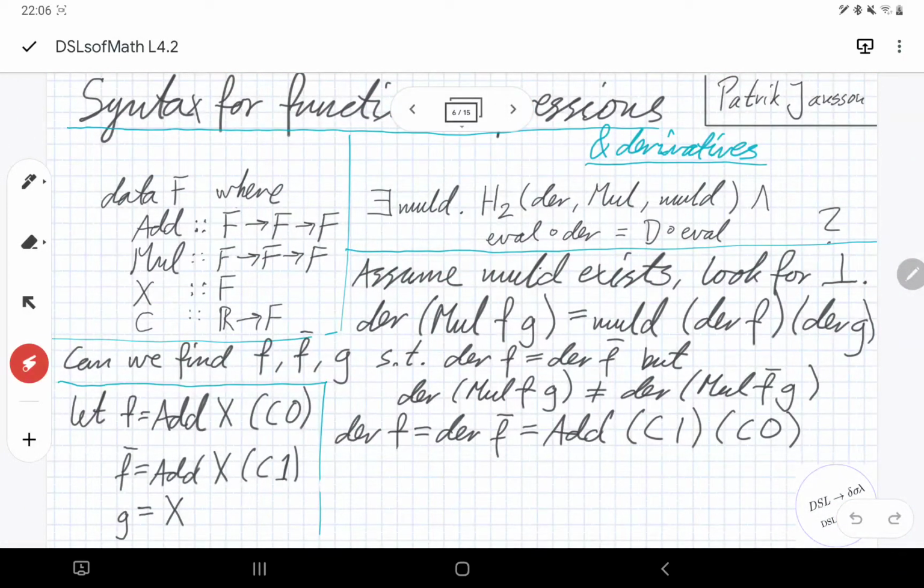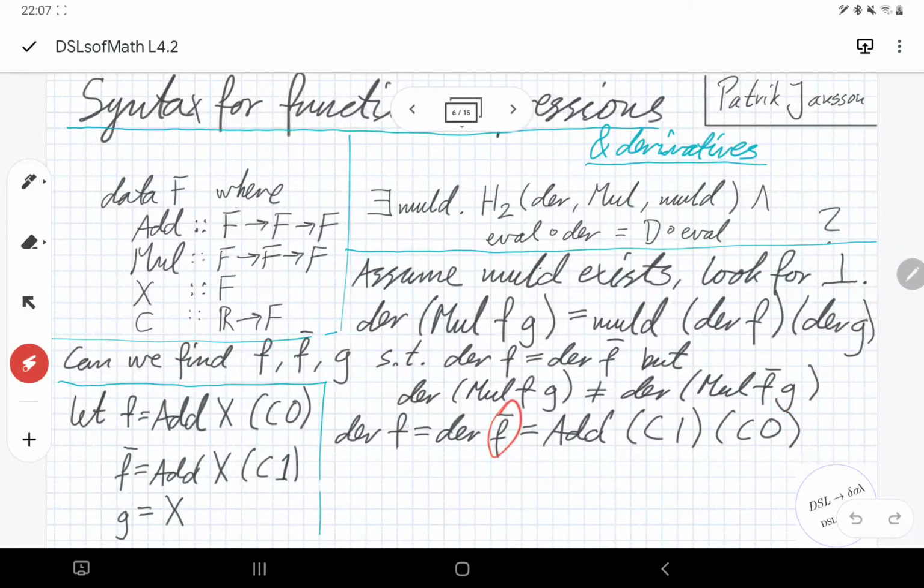First, we have candidates f and f bar, and let's see if the derivatives are actually the same. If we compute the derivative of f, we had the definition a few slides back. It went down recursively, it just gave back the same add constructor. Then it took the derivative of x, which was const 1, and then the derivative of const c for any c, and that was const 0.